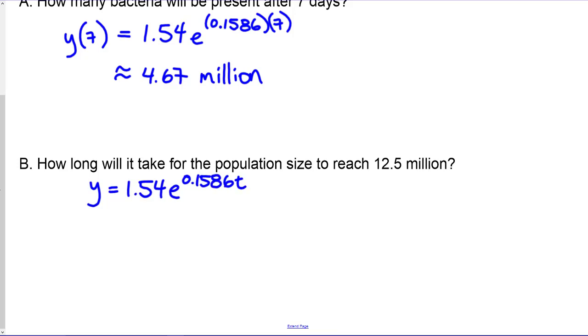The only difference is we're not plugging in a value for t, we're plugging in a value for the resulting population size. So this 12.5 million is going to get plugged in for the value of y. So I'm just going to replace y with 12.5. And that's what it's going to look like.